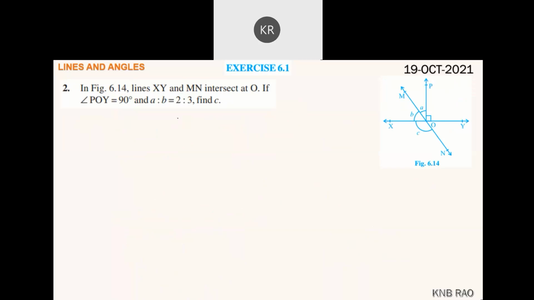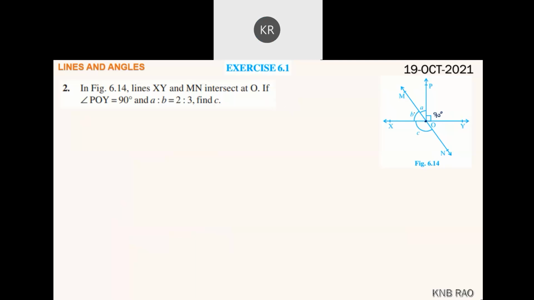Next, question number 2. In figure 6.14, lines XY and MN intersect at O. If angle POY is 90 degrees and A is to B, 2 is to 3, find C. Very good.